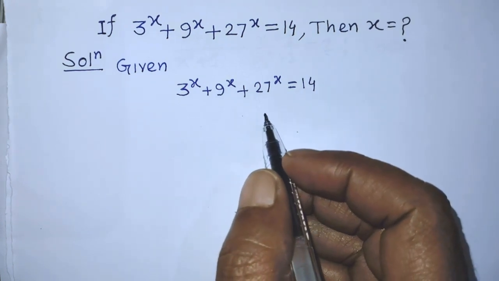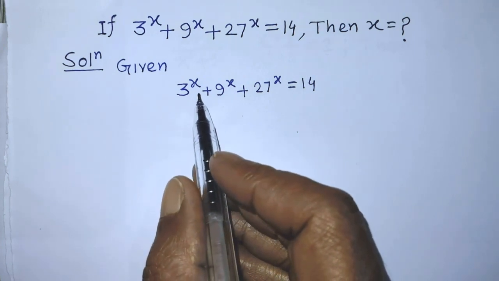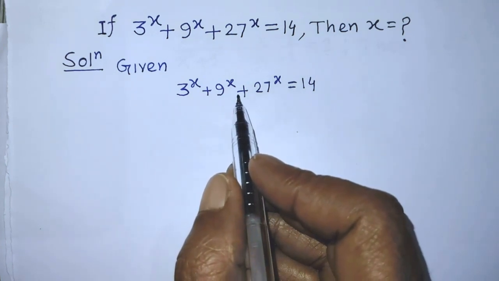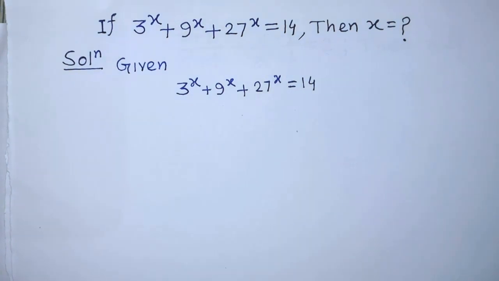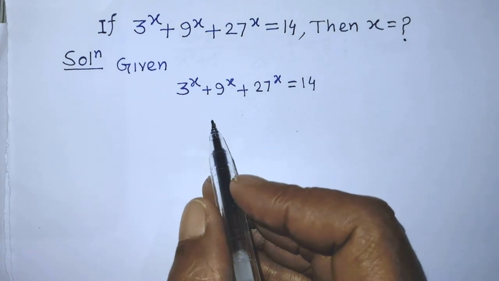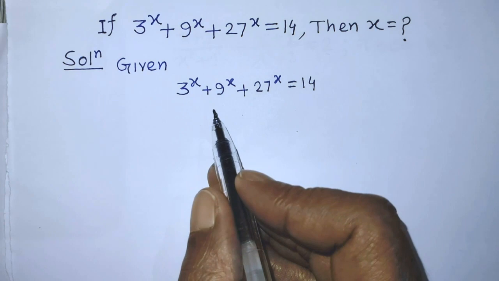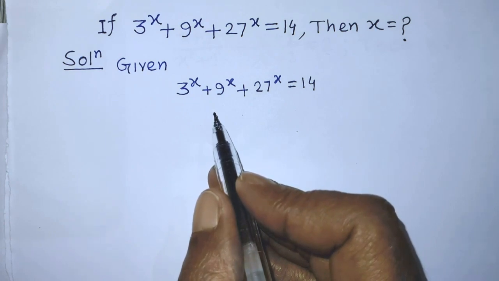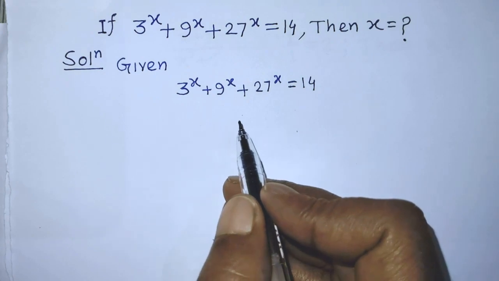In this algebraic expression on the left hand side is 3^x + 9^x + 27^x. To find the value of x from this equation, first of all we have to make the same base in all terms on the left hand side of this equation, then we are able to find the value of x.